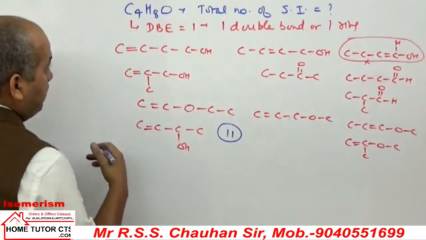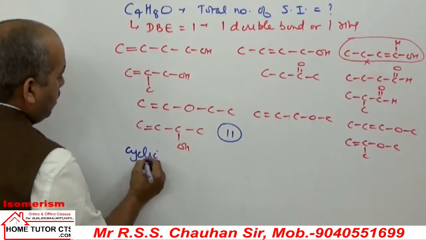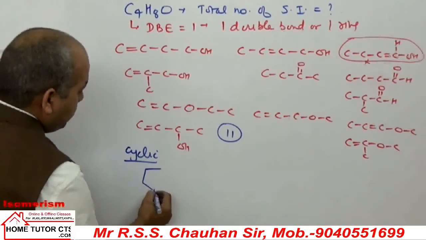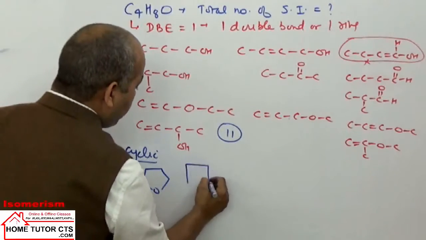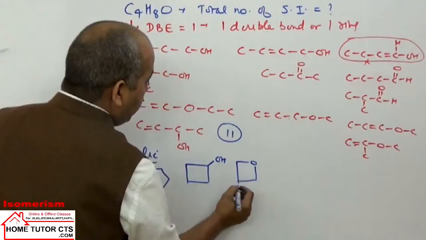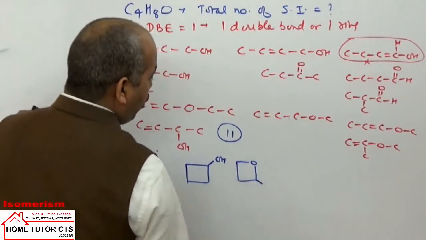Now we can think of the possibility of cyclic compounds. In cyclic, how many isomers can we have? One atom is oxygen, or you can take a 4-membered ring, then an OH group is possible, or you can take a 4-membered ether, one atom oxygen, then you can have one methyl group here.